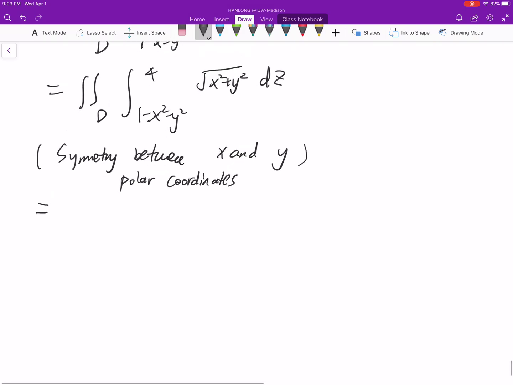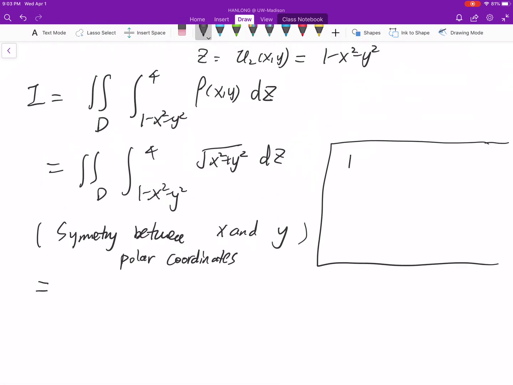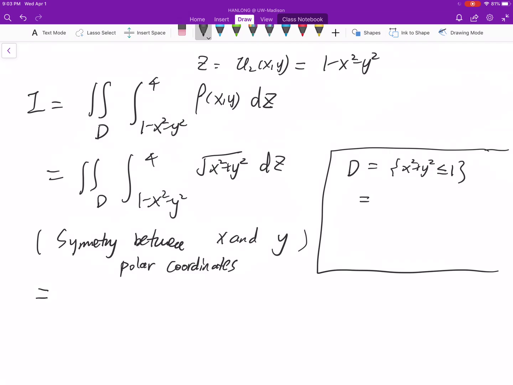Before that, we need to figure out the description of D in polar coordinates, because D is given by x squared plus y squared less than or equal to 1.